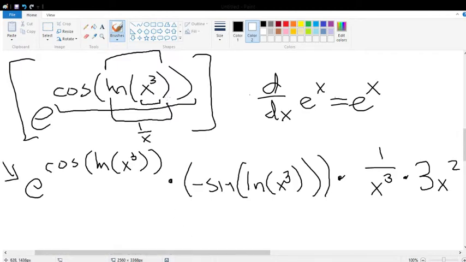So if they tell you to find the slope at a given x value for this function, let's say you plug in 1, and then evaluate all of this, so that's some number.